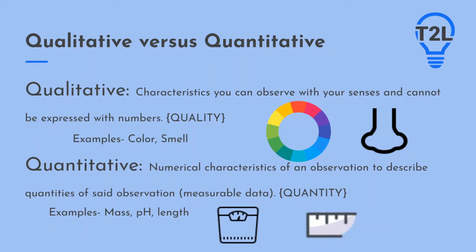A quantitative measurement, on the other hand, is a numerical characteristic, so it can be represented in numbers, like height in the sunflower experiment. A good way to remember the two is that qualitative sounds like quality, and quantitative sounds like quantity.